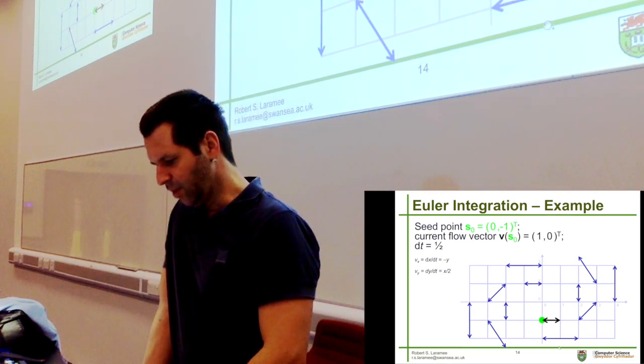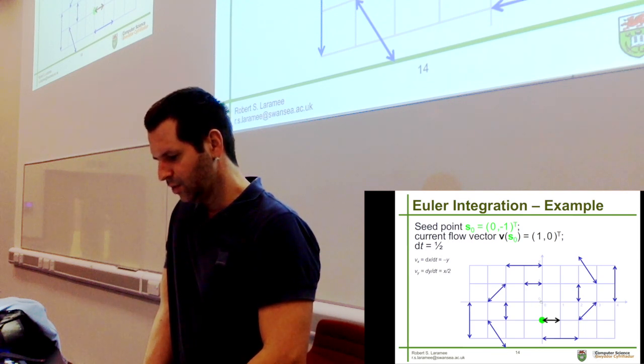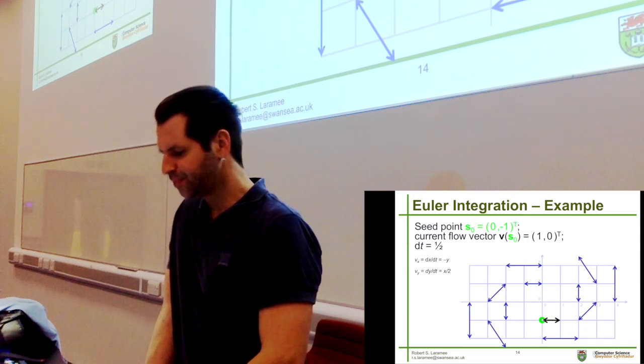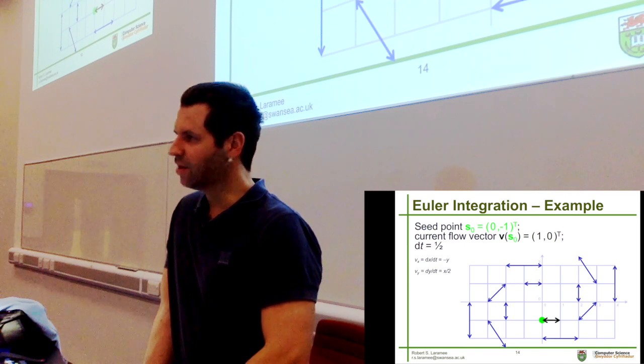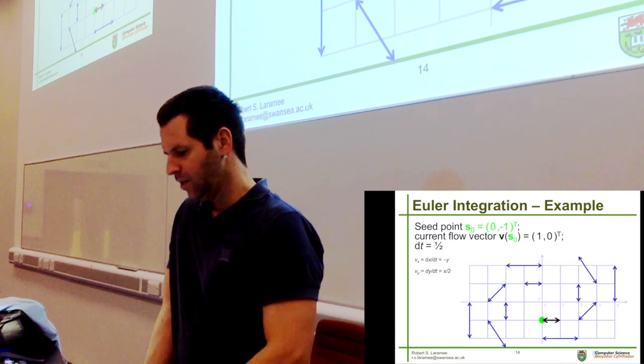This is the seed point right here. So we're choosing 0, x, and -1, y. Given that seed point, we have to evaluate the vector there. That's the next step. So the vector at this point is 1, 0.